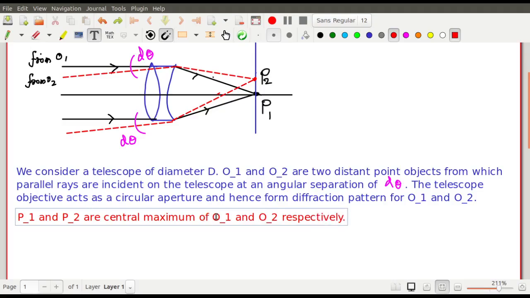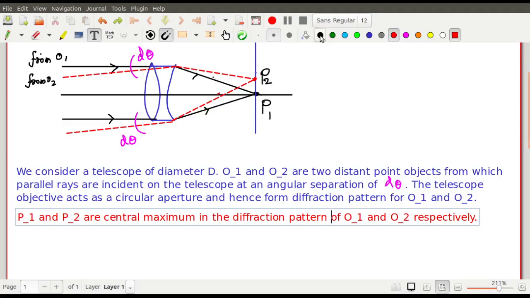P1 and P2 are the central maximum in the diffraction pattern of O1 and O2 respectively. So that is what I find over here. ঠিক আছে, বোঝা গেছে? Okay, the patterns will be now just resolved.